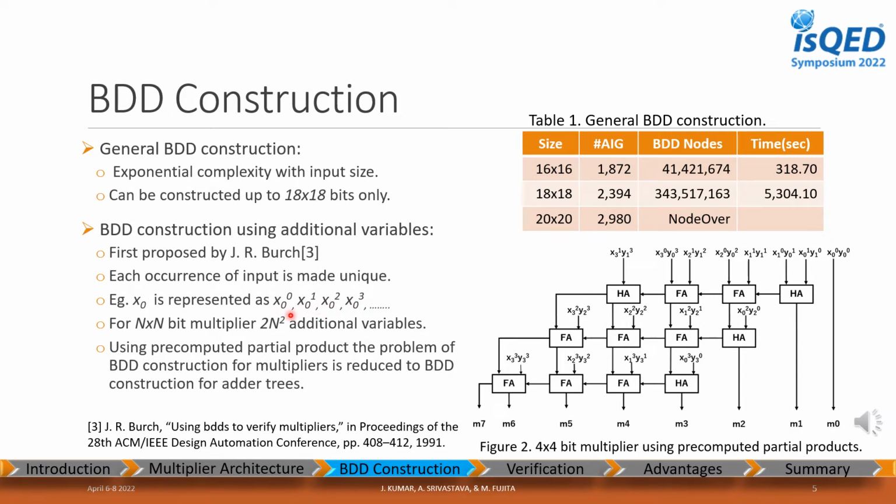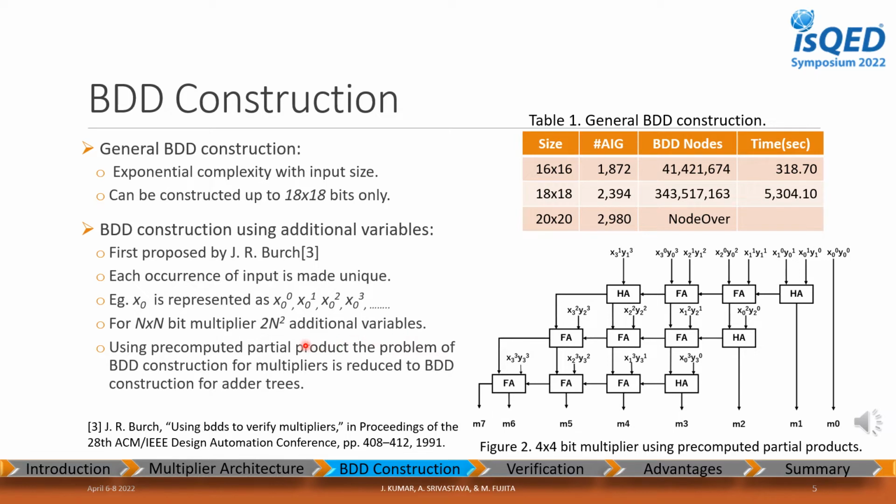However, these representations are considered the same while generating counterexamples. For an n cross n bit multiplier circuit, there are a total of n square partial products, and to calculate each partial product, two inputs are required. Hence, a total of 2n square variables are generated and considered as primary inputs to generate BDDs.